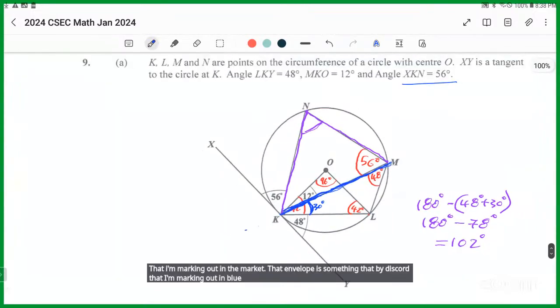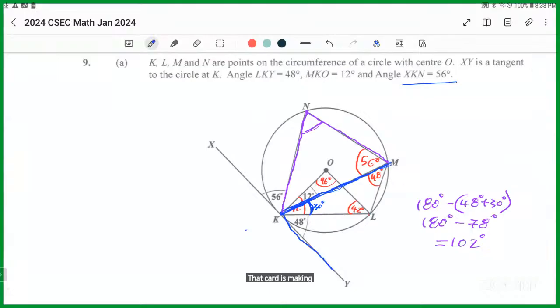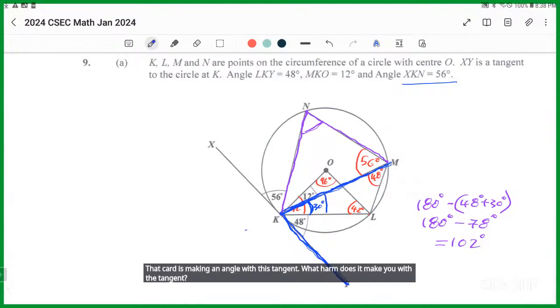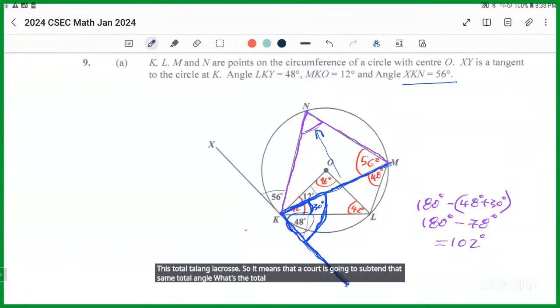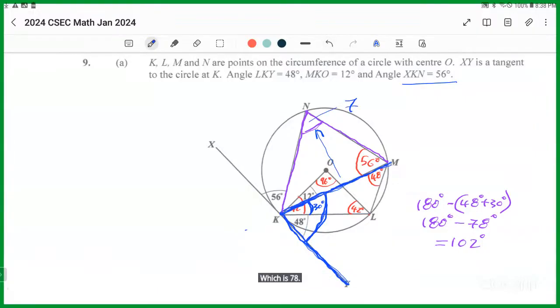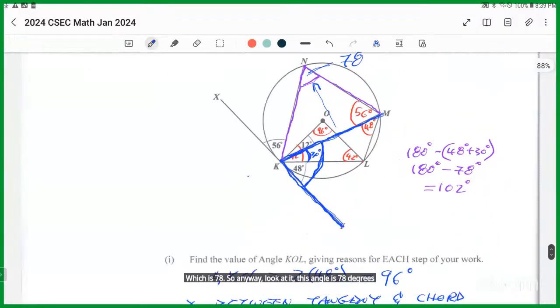That chord is making an angle with this tangent. What angle is it making with the tangent? This total angle across it. So it means the chord is going to subtend that same total angle. What's that total angle? 48 plus 30, which is 78. So anyway you look at it, this angle is 78 degrees.